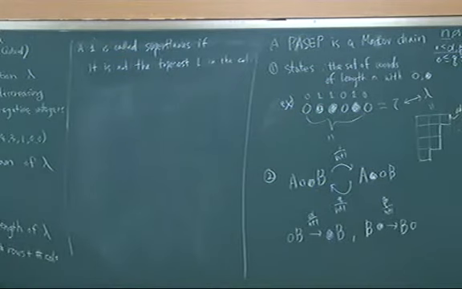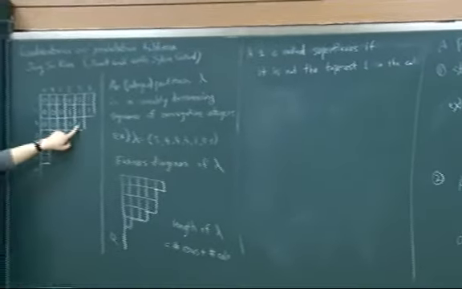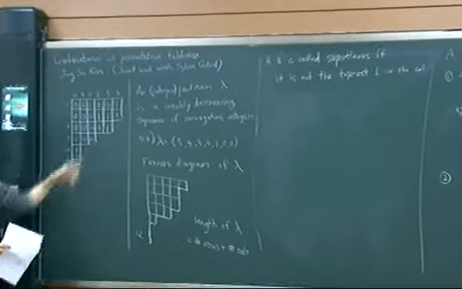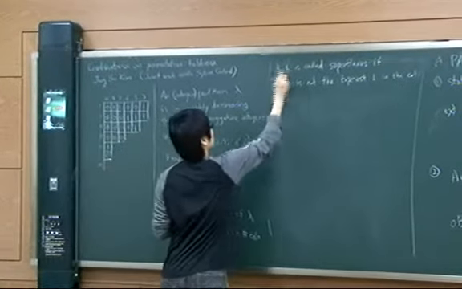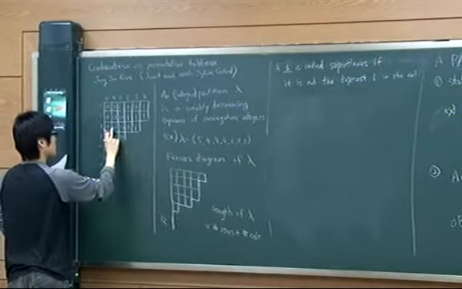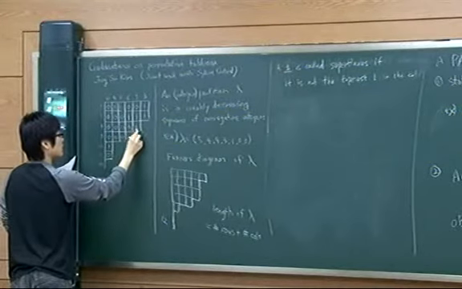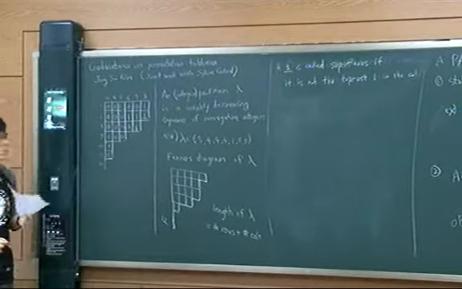So, for example, this is a superfluous one because it's not the topmost one. So the superfluous ones in this example are exactly these two.